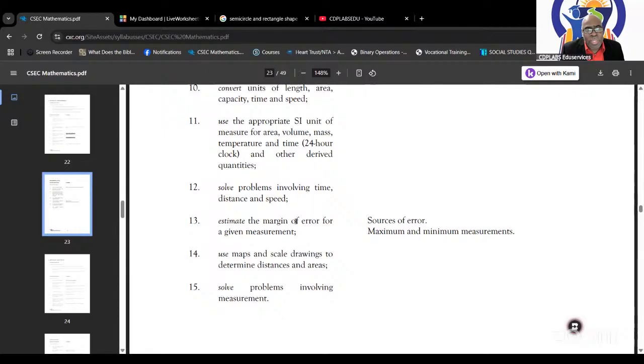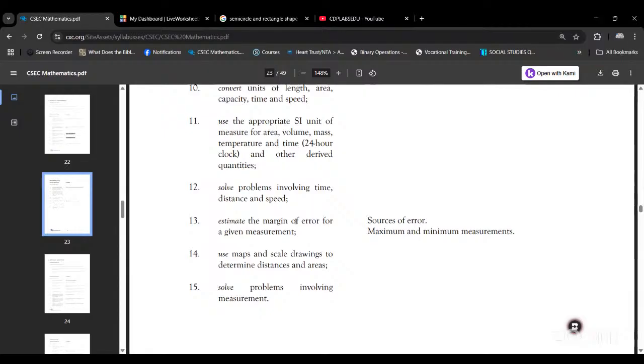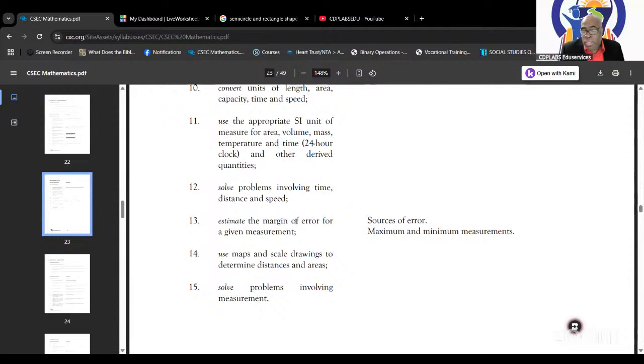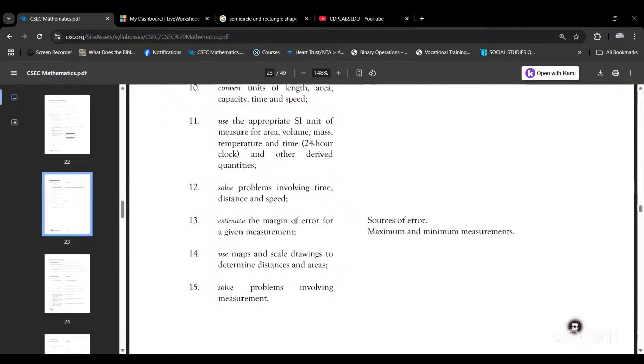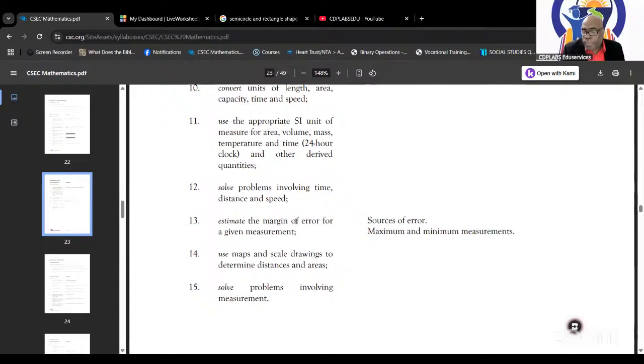Yes, measurement, but what topic lends itself to that? Ratio. They use ratio to scale things up and down. Get it?